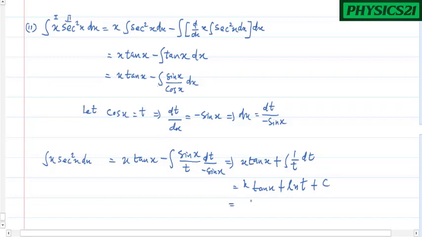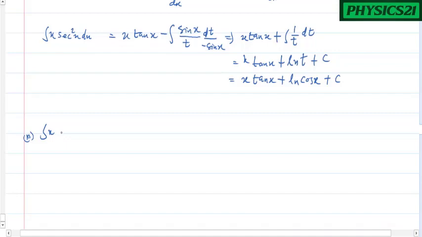Now we will return the value of t, so it is x tan x plus ln of cos x. That will be the integral of the second problem.